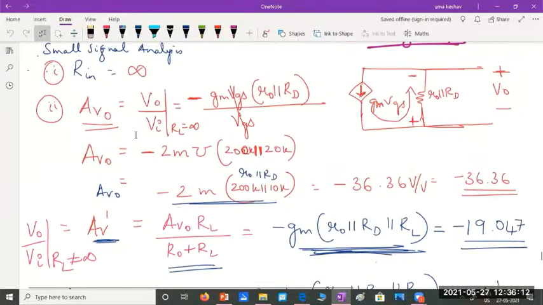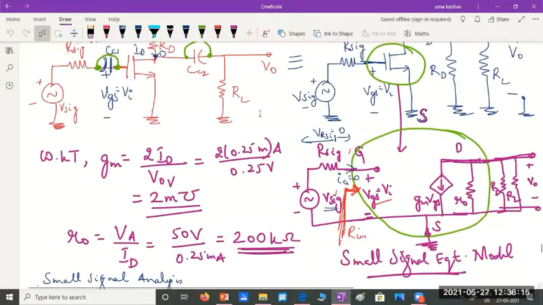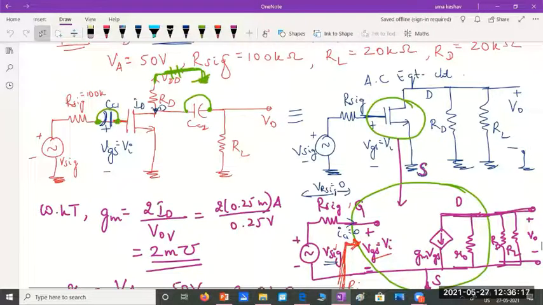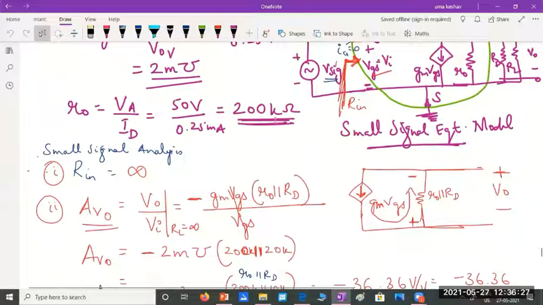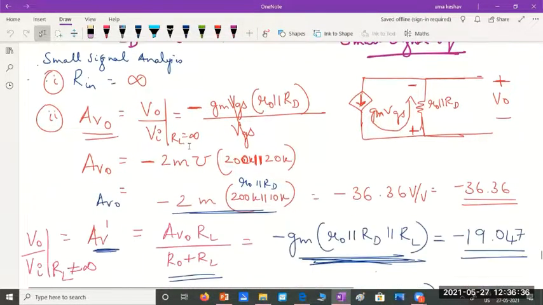See here, for the same condition without RS, we have considered the same common source amplifier, RD, RL, but no RS, that's all. Just RS is missing. We got GM as 2 milli, r0 as 200K. Actually, here he has asked us to neglect r0. Even if we keep it is okay.